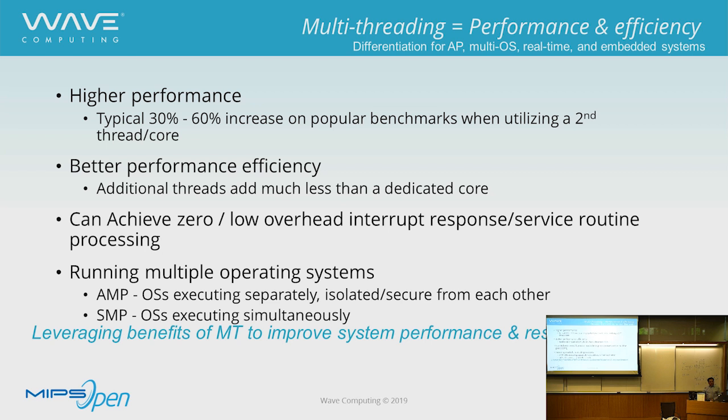So for the time that you're waiting for I/O, you more or less become idle because you have to wait for results. With multi-threading, you replicate the instruction flow in such a way that you can have a second independent flow that can take advantage of the resources of the CPU, so the utilization of those resources is improved.